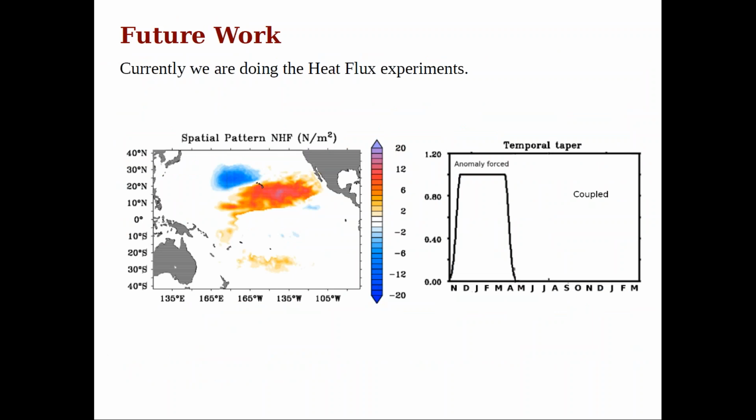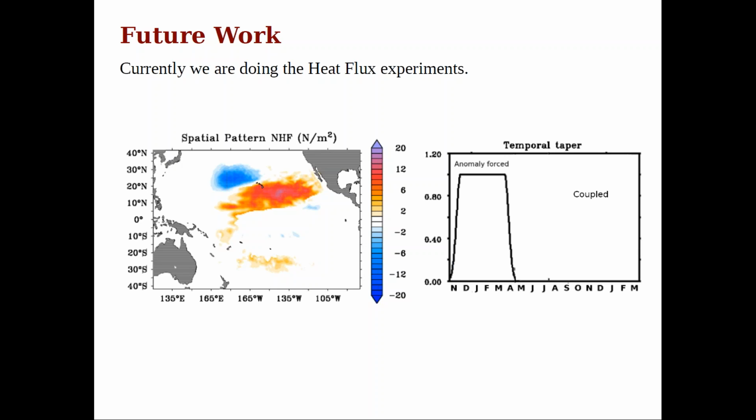Now I am doing the heat flux experiment, where we give the heat flux instead of the tau forcing to the equatorial tropical Pacific. These are the anomalies we are giving from November to April, and then we turn on the coupling.